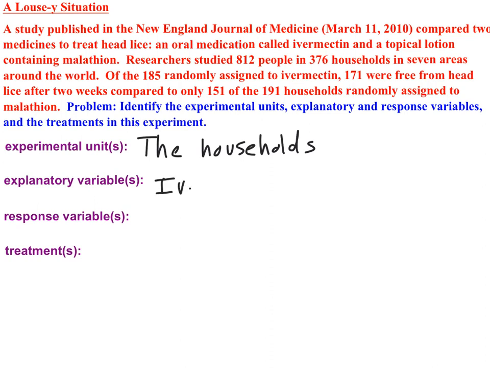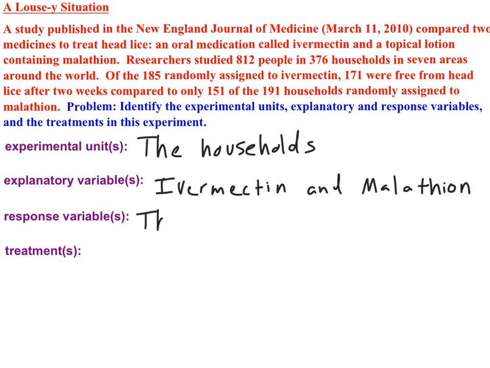We have two explanatory variables, ivermectin and malathion. Because there's your variability as to which of those two did they get.